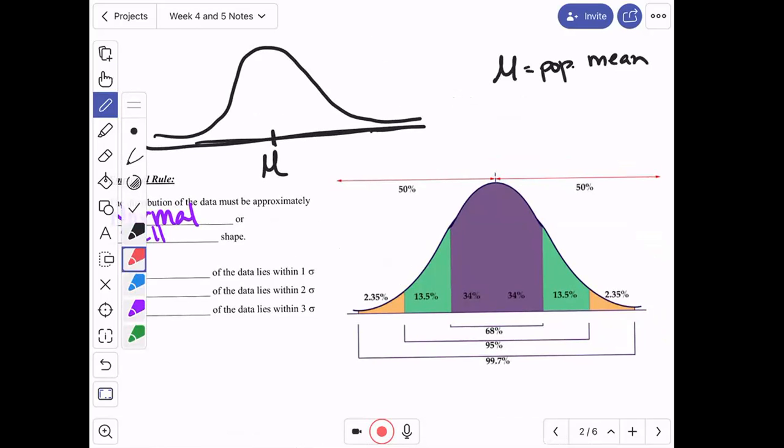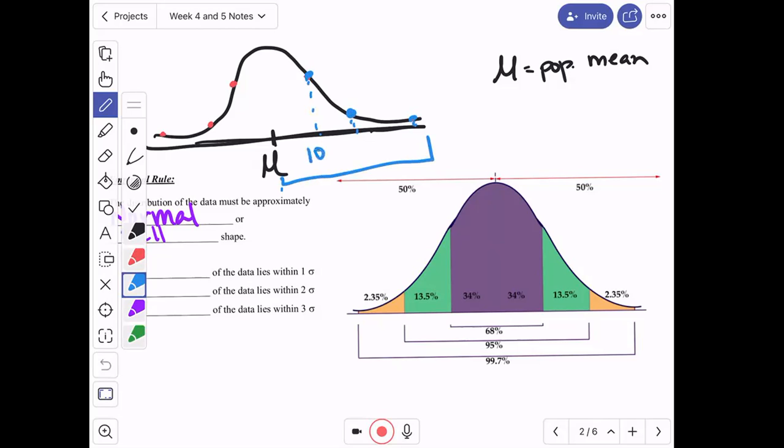Now, on this particular curve, it drops at certain places. It's symmetric, so it's going to drop at 3 different places on both sides of the curve. Drops here, and then drops one more time out here. Same thing over here. Drops here, and then one more time out here. So to the right, where it's dropping is what we call our standard deviations.